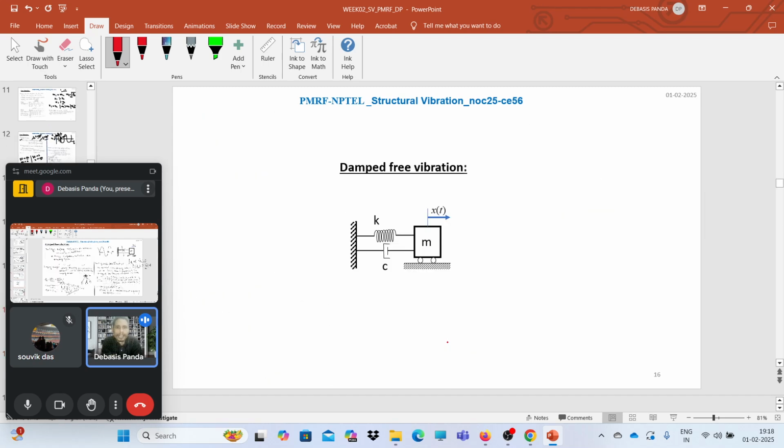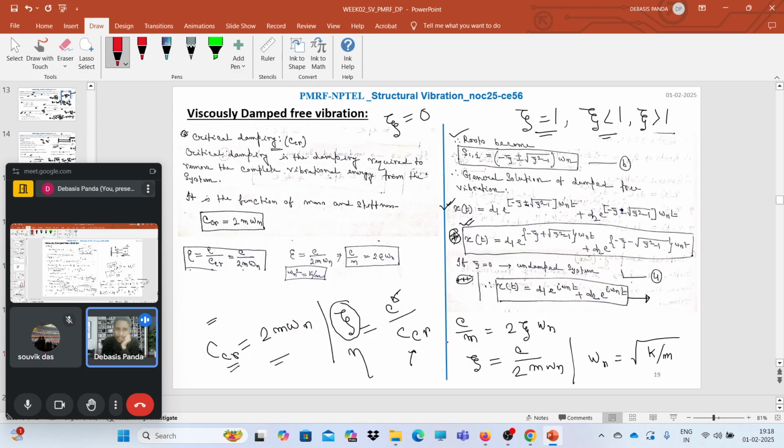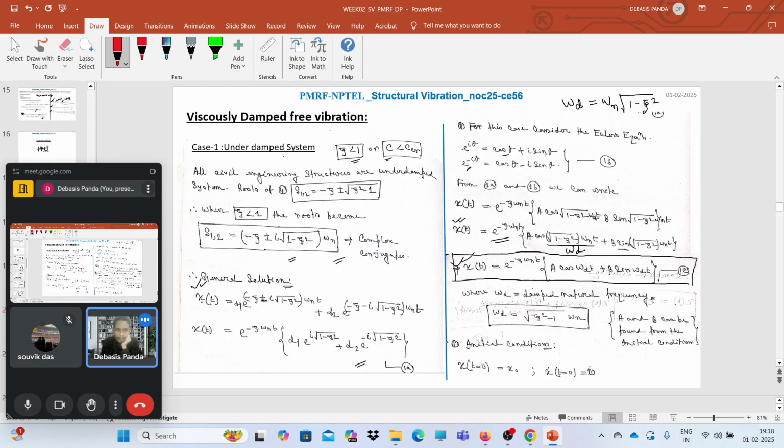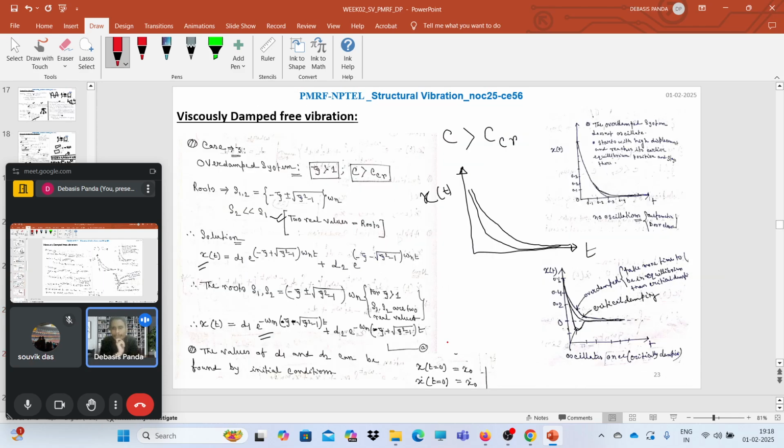Then we moved to damped free vibration, where we saw that damping is present, and only for the underdamped cases does the harmonic oscillation occur, and we have a decaying response curve. For the critically damped system and the overdamped system, the motion will be aperiodic.